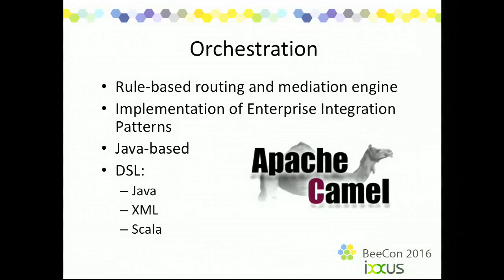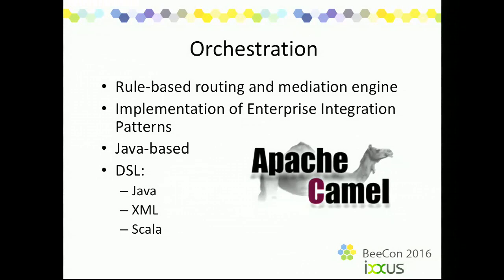You can configure different routes, saying how and when the content, or the message or whatever, moves from one point to another. And a very important thing is that they have fully implemented enterprise integration patterns. It's Java-based, and you can code the Camel routes in either Java, XML, or Scala, right?